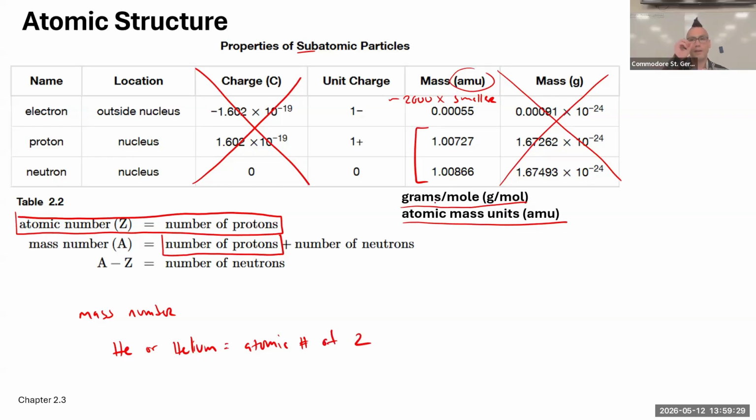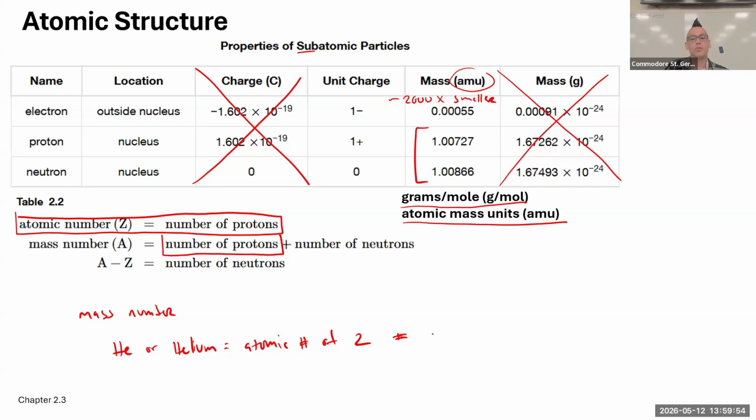So let's just pretend this specific atom of helium had 2 neutrons as well, right? All helium have 2 protons. But we could say this specific one has two neutrons.